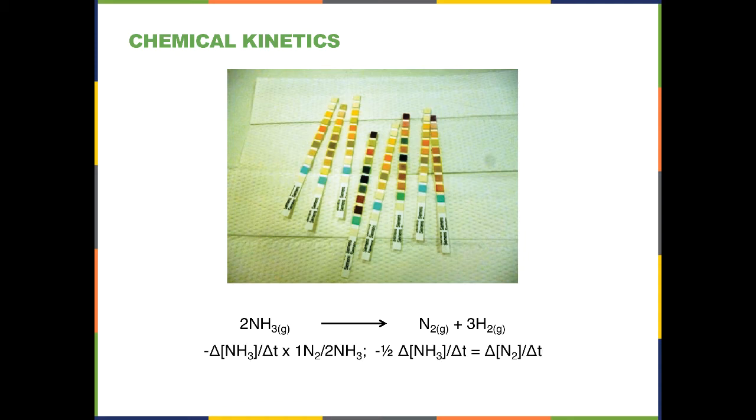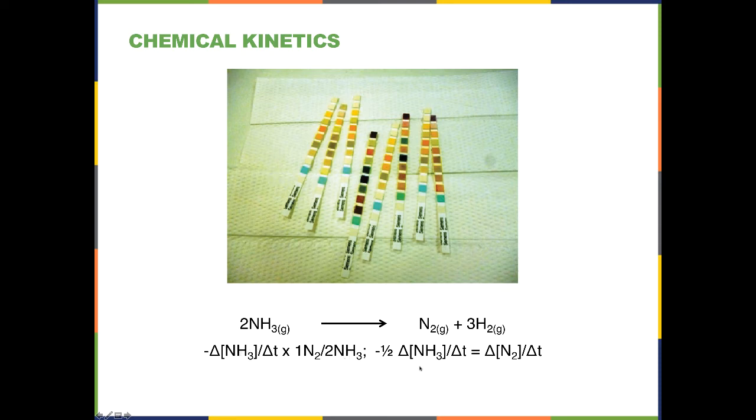Now, if you were to express the change in concentration of ammonia over time as a function of nitrogen, you know that for every 2 molecules of breakdown here, you get 1 molecule formed here. And so the nitrogen would form 1/2 as rapidly as the ammonia breaks down.